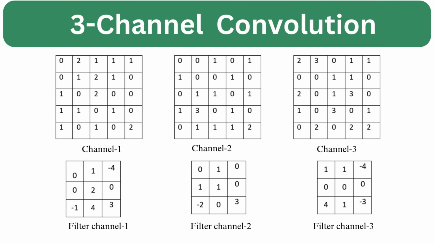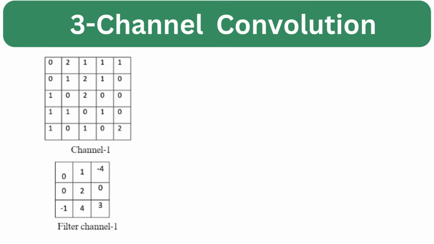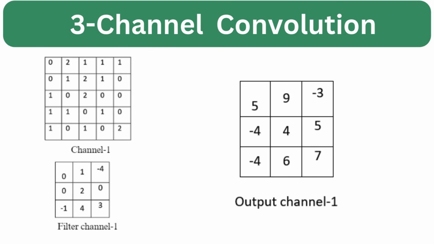Now each channel of the filter will convolve on its corresponding image channel. Let's start with the first channel and the first filter channel. When we convolve a 3 by 3 filter on a 5 by 5 image, we will get a 3 by 3 output. We will discuss the calculation of the output feature map dimension in the next video.